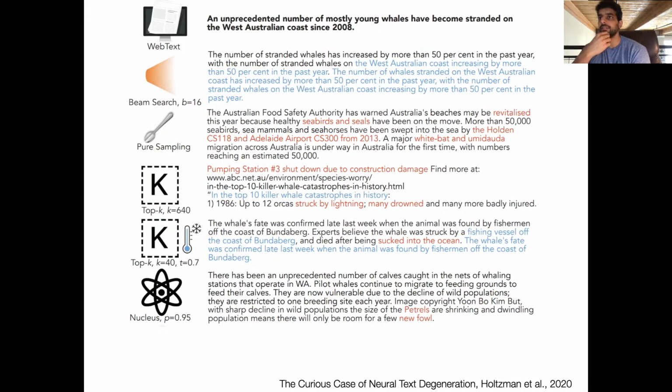But if there are 10 different words that each have like 0.05 probability, then we're going to consider all of those. So nucleus sampling is probably the way to go if you want to address this problem. If you want to learn more about that, you can read the paper that's linked on the bottom of this slide.